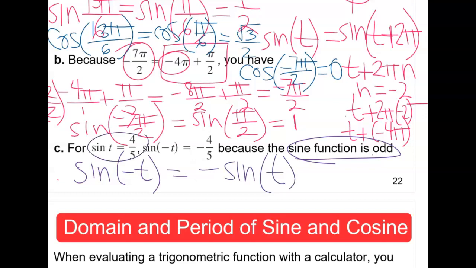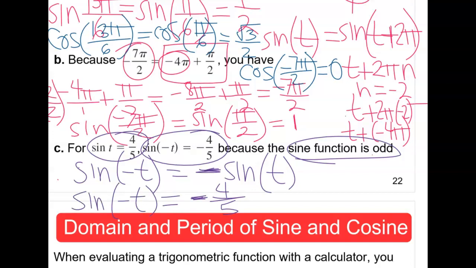So that will be the 4/5, but with the negative sign in front of it. So that is the answer to this question. Okay, if the question was what is the cosine, then the cosine of negative t will be the same as the cosine of positive t.